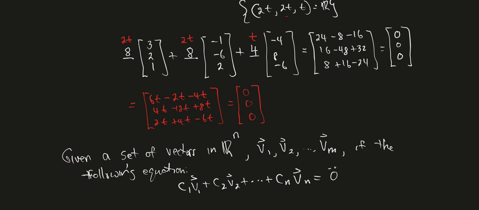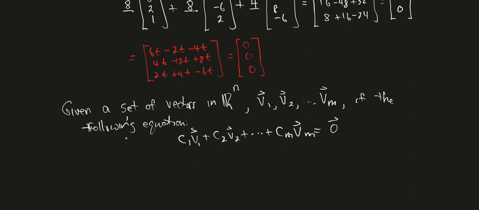If this equation has non-trivial solutions like the one that we came up with up here, right? If we can find non-trivial solutions to this vector equation, then these vectors are said to be linearly dependent, right?